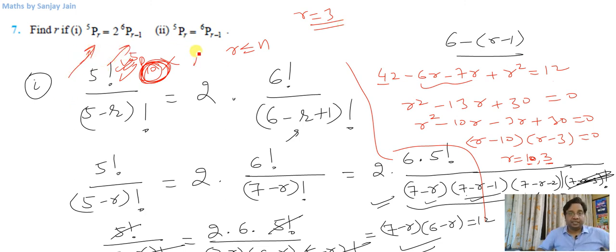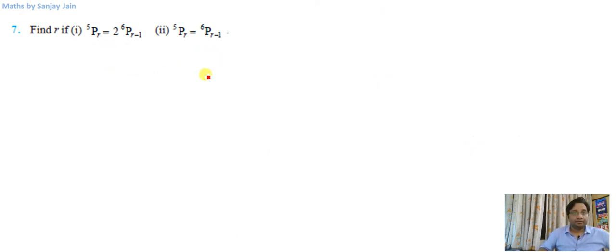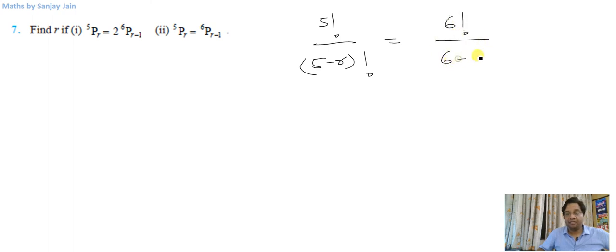Let us solve the second part now. 5Pr, that means 5 factorial by (5 minus r) factorial, is equal to 6P(r minus 1), that is 6 factorial divided by (6 minus (r minus 1)) factorial.